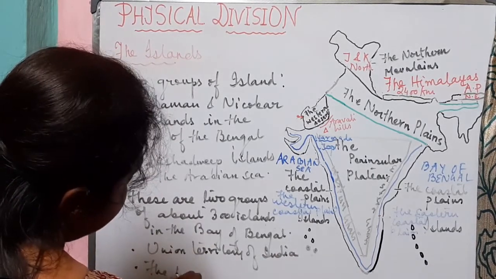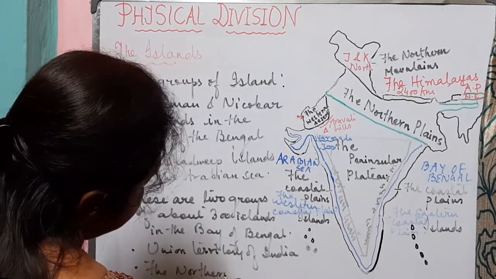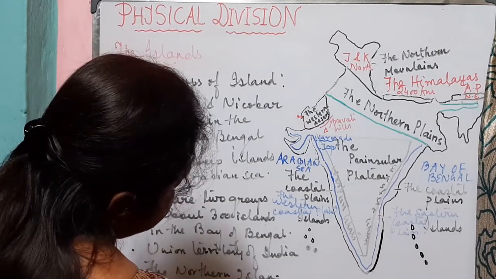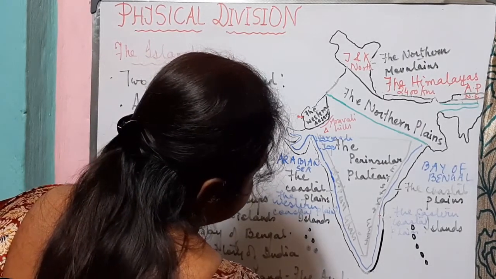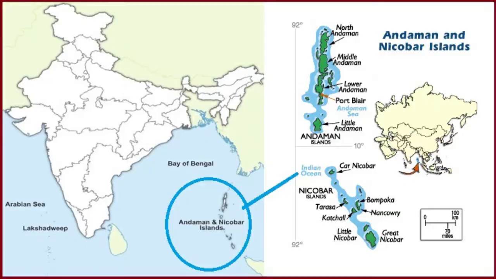The northern island is called the Andaman, and the southern island is called the Nicobar.